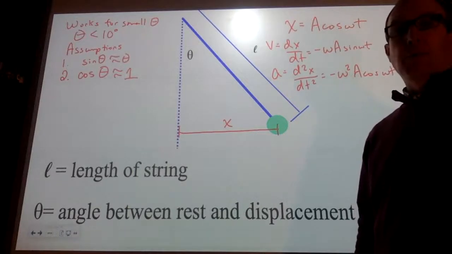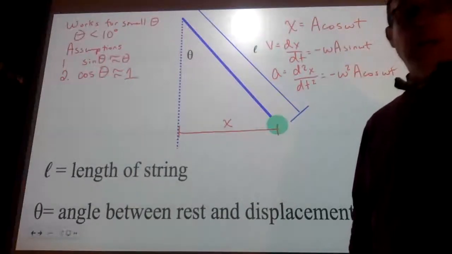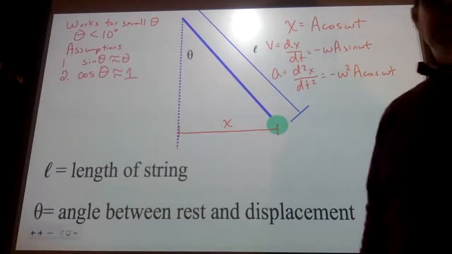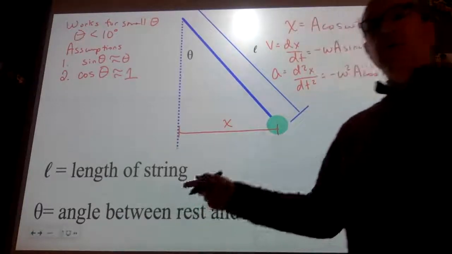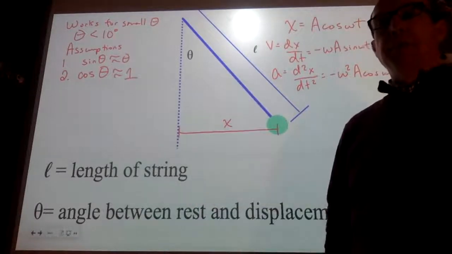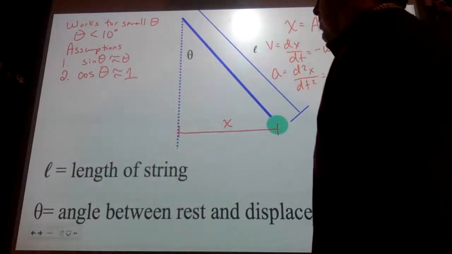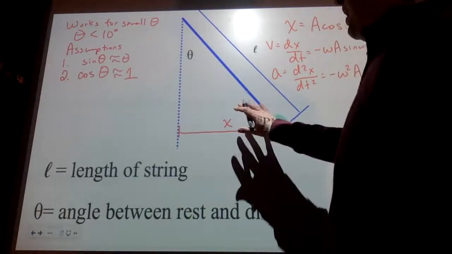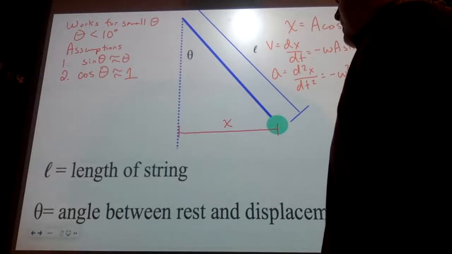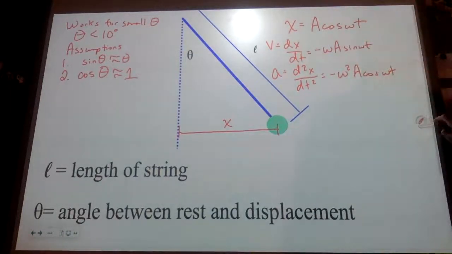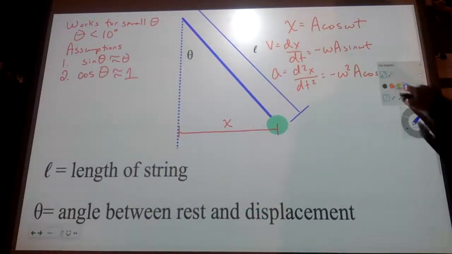So why is this important? We'll see shortly. And that's going to mean that we're only looking at back and forth and it barely moves up or down. All right, so first thing is I'm going to say that there's forces acting on this bob.